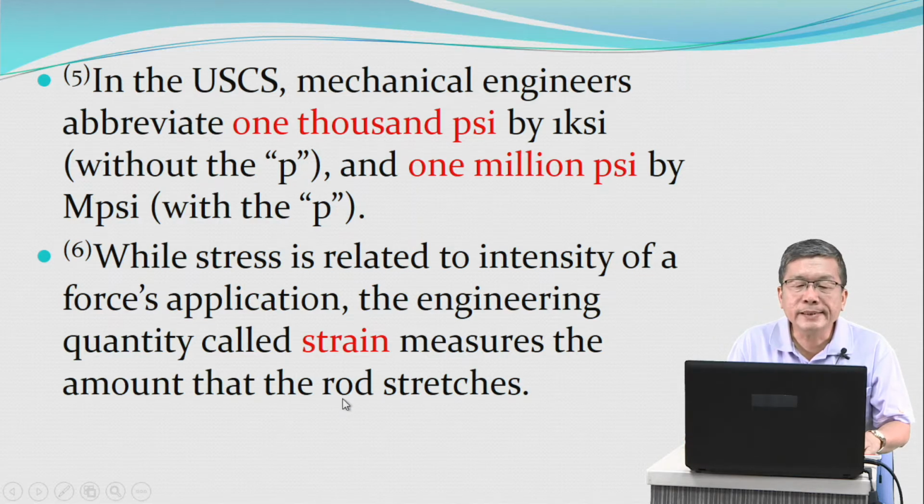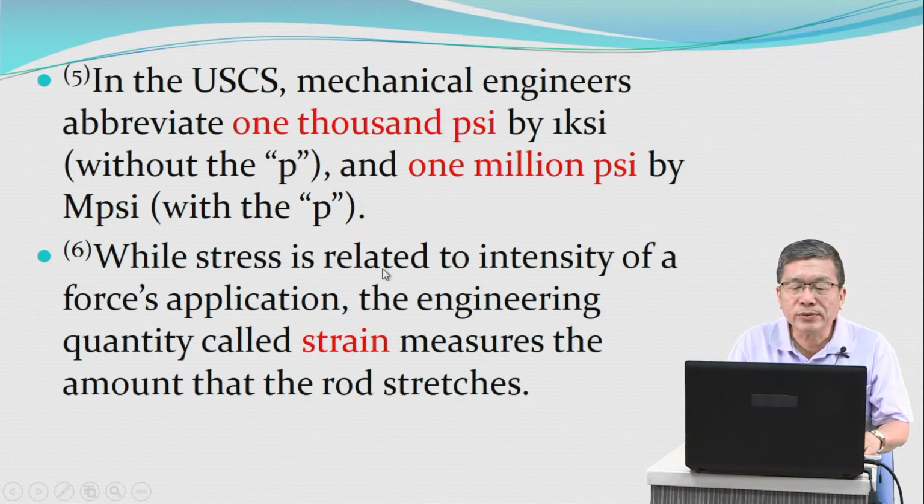In the USCS, mechanical engineers abbreviate 1000 psi by 1 ksi without the p, and 1 million psi by 1 Mpsi with the p.